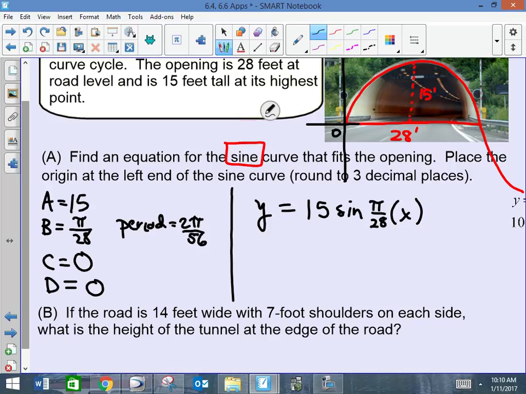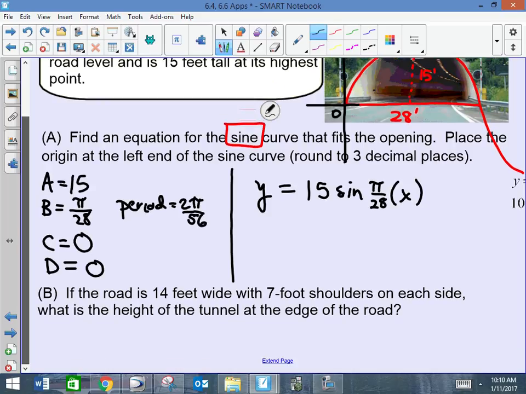So here's a little application. If the road is 14 feet wide, that's why you need your civil engineers that do roads and bridges and such. They need to be good math people. That's exactly where some of these equations come from, this sine curve, or the cosine curve, or some polynomial curve. If the road is 14 feet wide with 7-foot shoulders on each side.